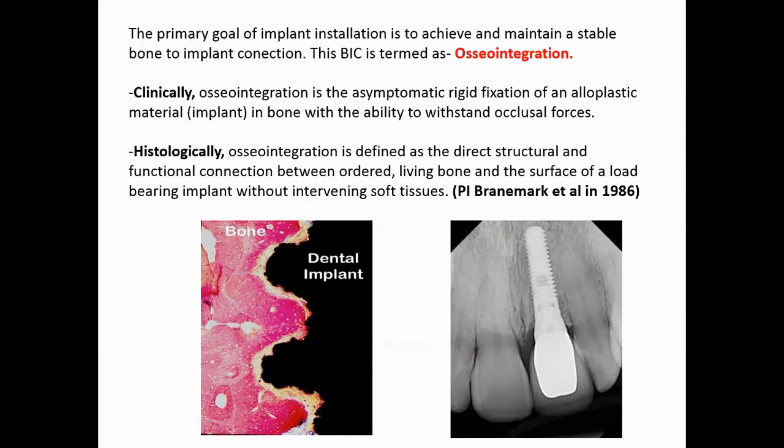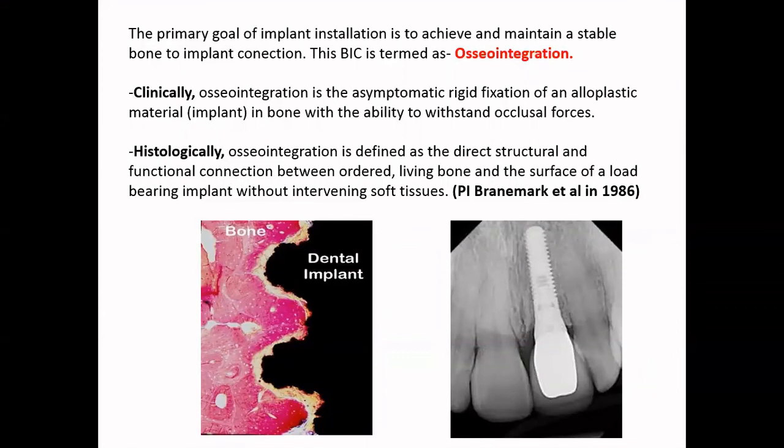Clinically, osseointegration is asymptomatic, fixed, rigid fixation of an alloplastic material in bone with the ability to withstand occlusal forces. Histologically, osseointegration is defined as the direct structural and functional connection between the ordered living bone and the surface of the load-bearing implant without intervening soft tissues.